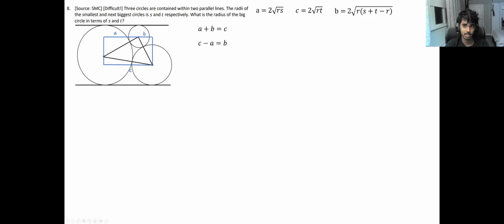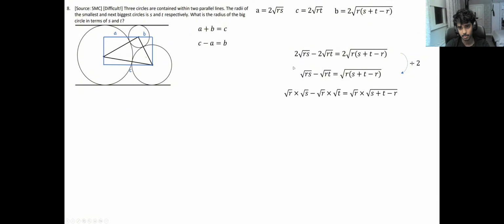Now if I sub in these values into this expression here, I get this equation. It has a common factor of 2 first of all, so I can just divide everything by 2, and I'll get this equation here. Now there's another common factor that might be harder to see, and that's root r. The reason is because square roots can be written as multiplication.